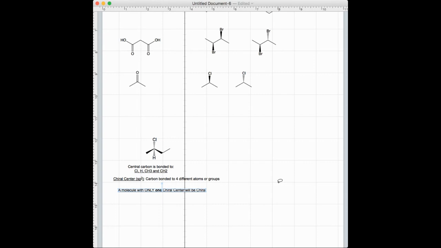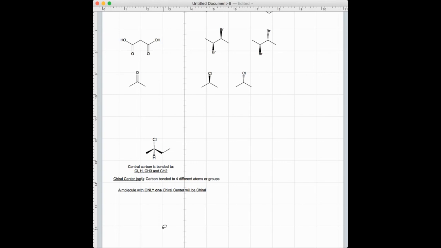Okay, so you cannot draw conclusions. If the molecule only has one chiral center, the molecule can be classified as chiral. You don't even need to look for elements of symmetry, because there will be none.